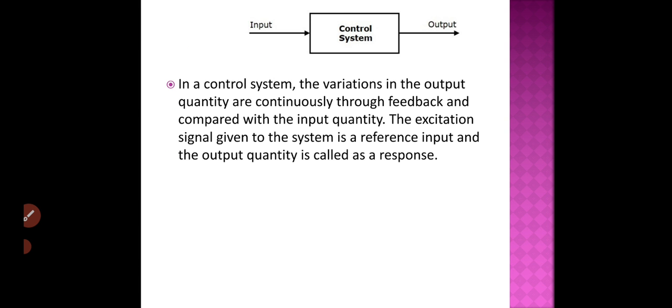When we vary the input with some mechanism, the output is controlled. That's why we call it a control system. In a control system, the variations in the output quantity are continuously fed back through the feedback and compared with the input quantity.